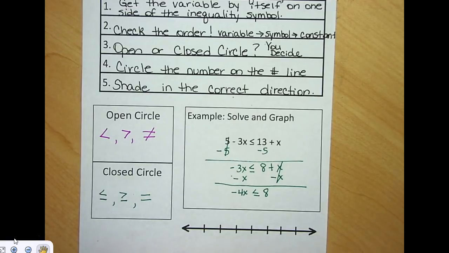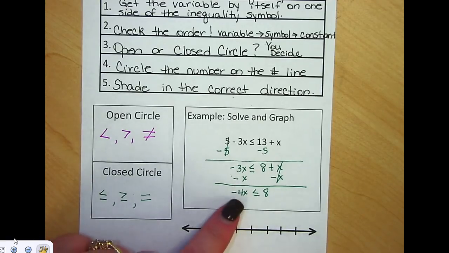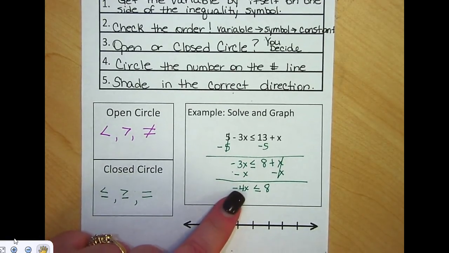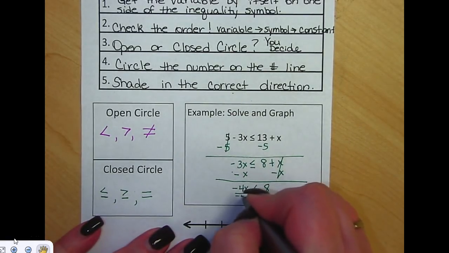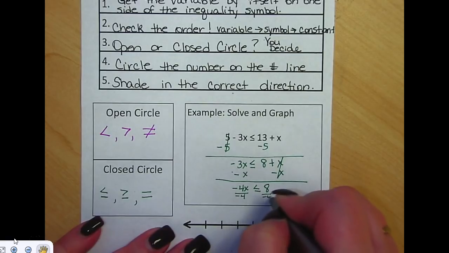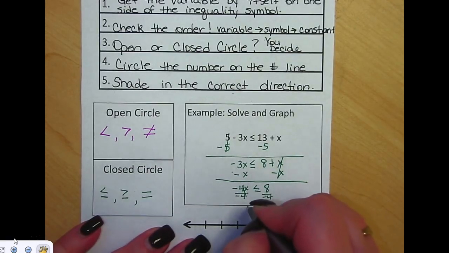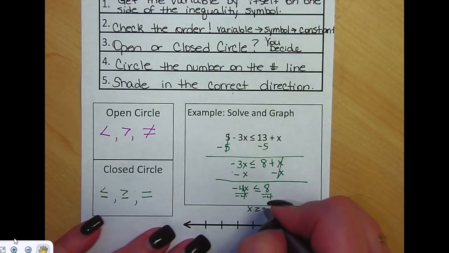All right, now remember the golden rule. If I have to multiply or divide by a negative, I'm going to have to flip my sign. So divide by negative 4, divide by negative 4, and you're going to be left with x is greater than or equal to negative 2.